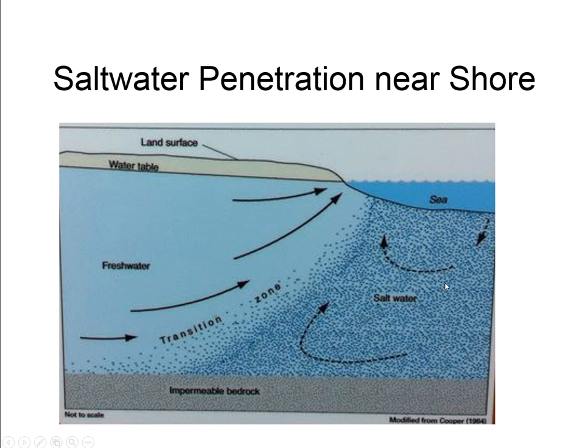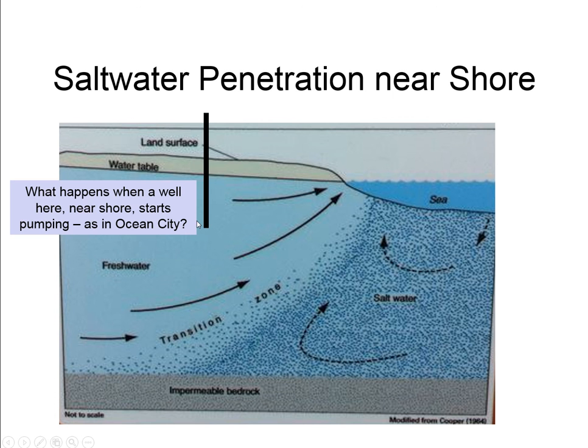Alright, here at the ocean, like down at Ocean Beach, Virginia Beach, or Ocean City, here's the water table, and it meets the ocean. This is salt water. Blech, not something you want to drink. This is fresh water. What's nice is the salt water is more dense, so it goes underneath. So you build a well right here. It doesn't go down to the salt, it's right up here.